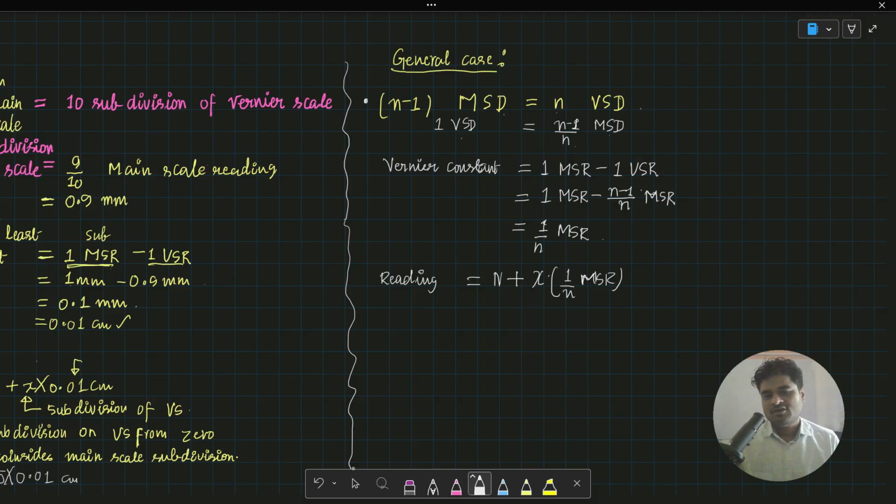And from here the reading will be, let's say that we get n number of readings on main scale, and for the fine tuning we get x number of subdivisions on the Vernier scale that exactly match with the main scale subdivision, and we count that number and multiply that with the least count of this device or Vernier constant, and we get a reading in the general case.